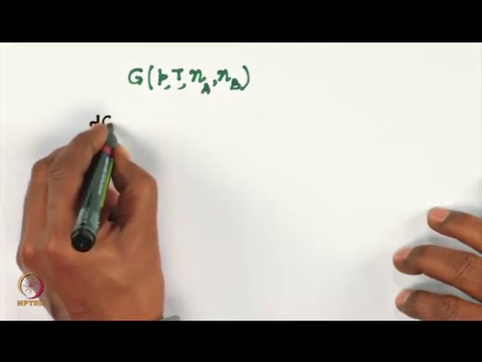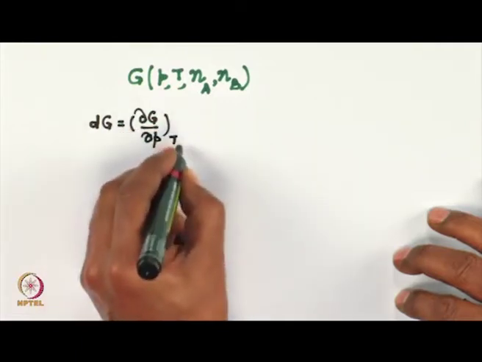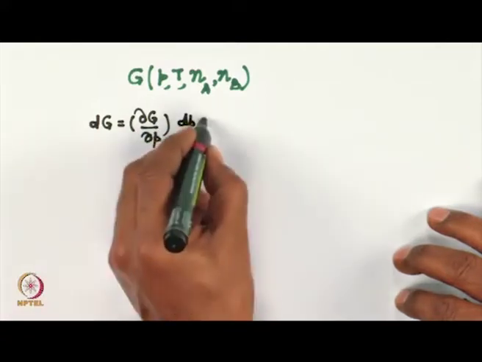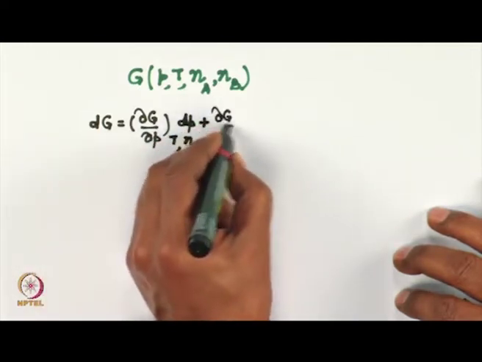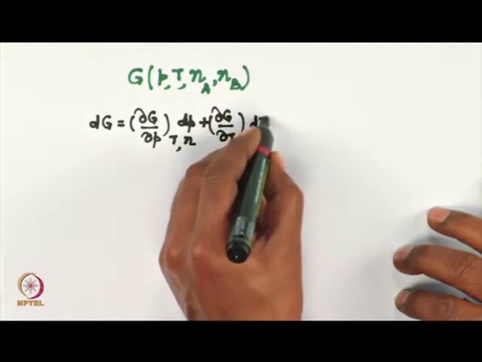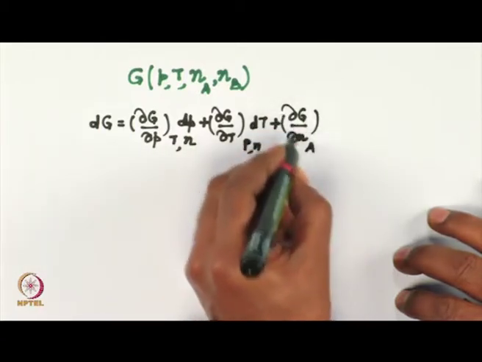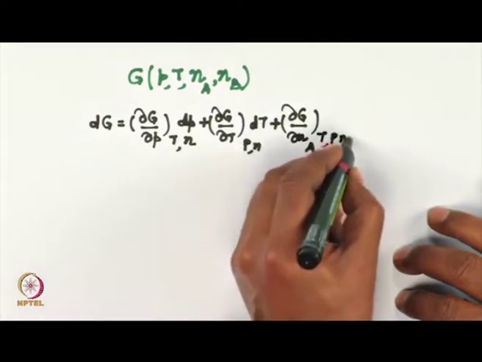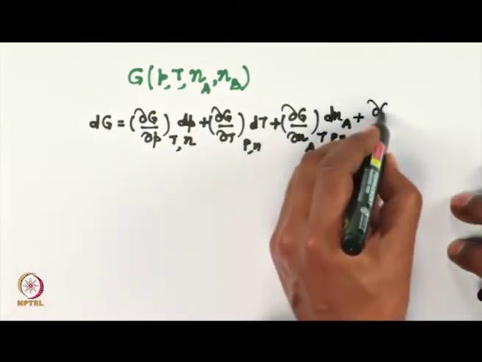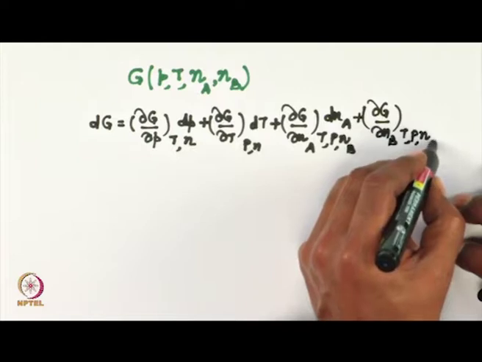Now I can write dG is equal to dou G by dou P at constant temperature and N, dP, plus dou G by dou T at constant pressure and N, dT, plus dou G by dou Na at constant temperature, pressure and Nb, dNa, plus dou G by dou Nb at constant temperature, pressure and Na, dNb.